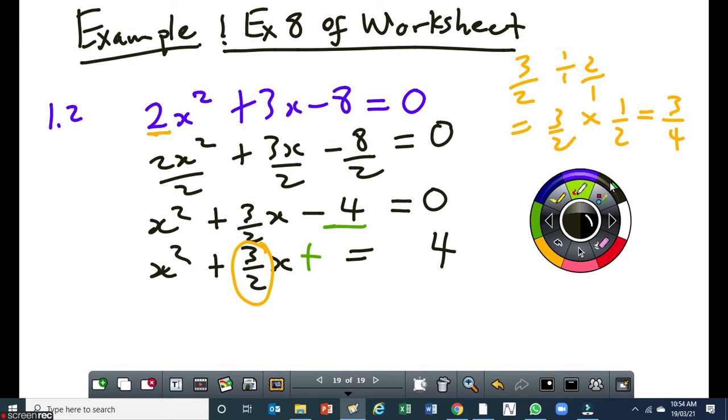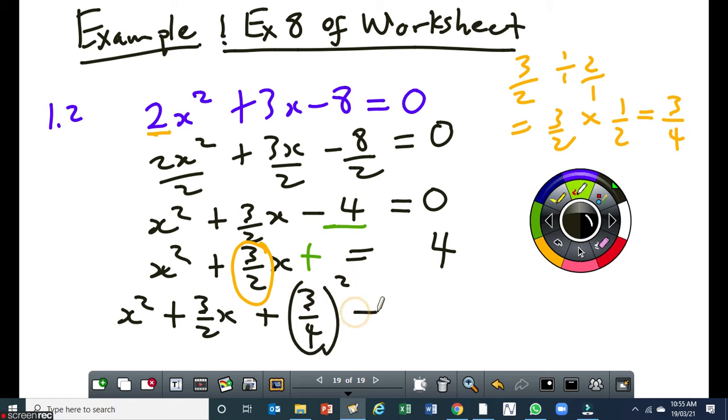Alright, so from here now, I need to add the square of half of the coefficient of x, which is 3 over 4, and also subtract it. So it will be x squared plus 3 over 2x plus 3 over 4 all squared minus 3 over 4 all squared, equal to 4.